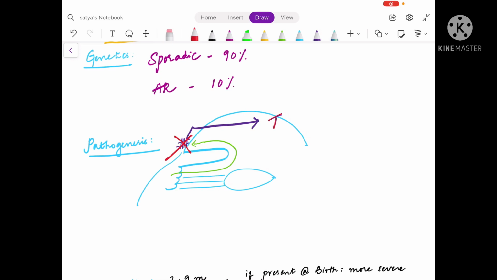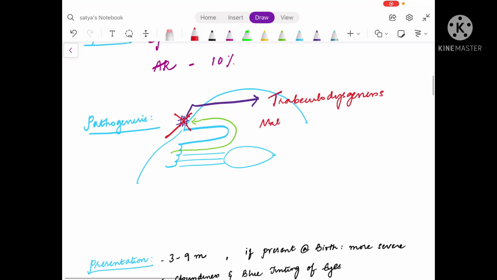There is trabeculodysgenesis, that is maldevelopment of neural crest cells which are responsible for trabecular meshwork formation.